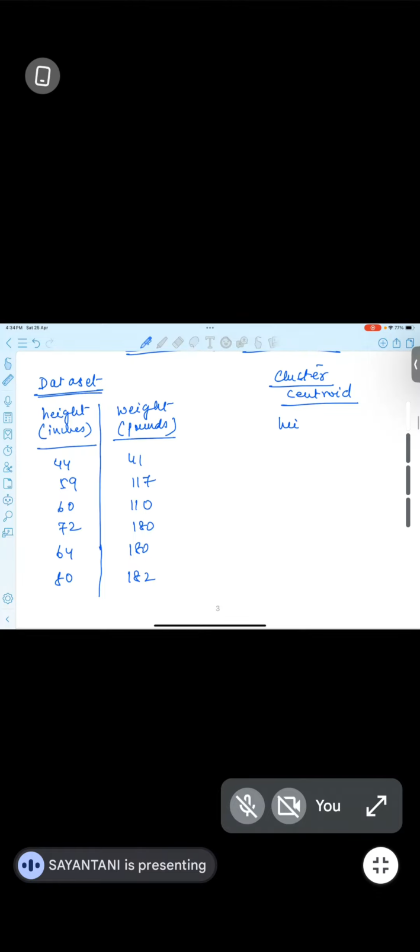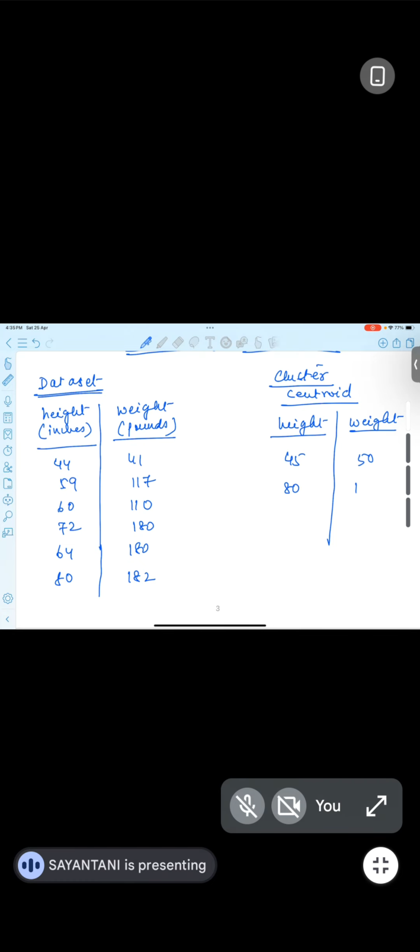Now, what you have to do is you have to randomly select something which is referred to as a cluster centroid. Okay. And that is user defined. But in the question, it is just provided. So again, you have the same thing, height and weight. So I'm selecting just three centroid values.